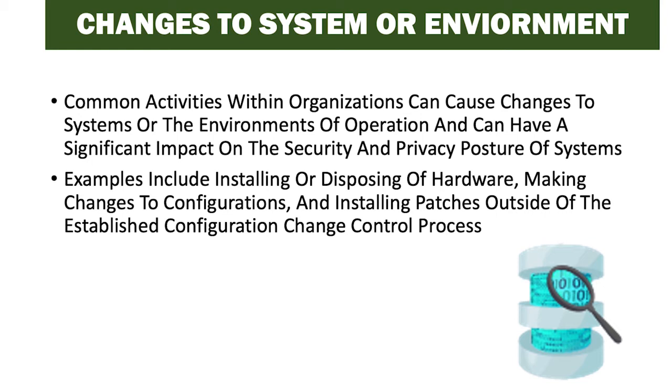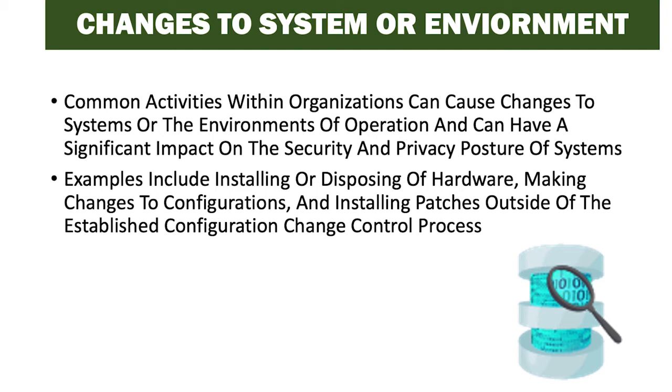Examples include installing or disposing of hardware, making changes to configuration, installing patches outside of the established configuration change control process. So we always have to be on the lookout for changes, and we always have to make sure we're documenting them ahead of time, and we're keeping track of all the changes that have been made to the system since its authorization.